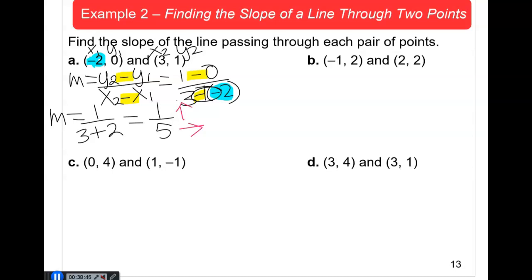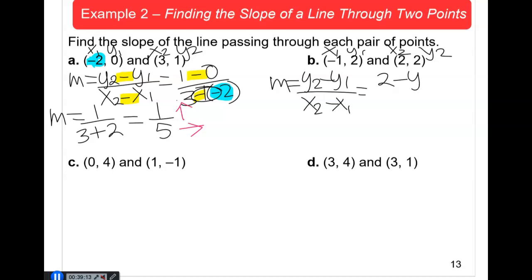Now let's see what happens with the next one. So we have here x sub 1, y sub 1, x sub 2, y sub 2. So following the formula again, and I'm going to write it because why not? So y sub 2 is 2 minus y sub 1, which is 2. Oops.